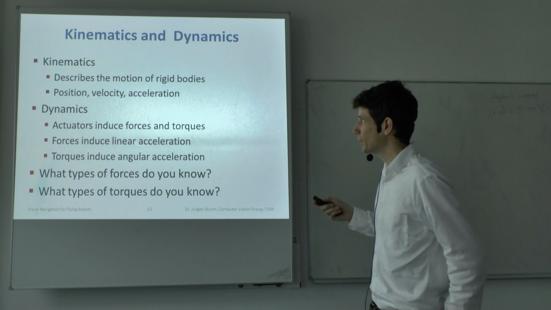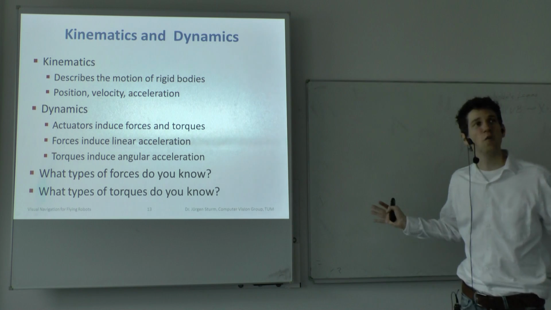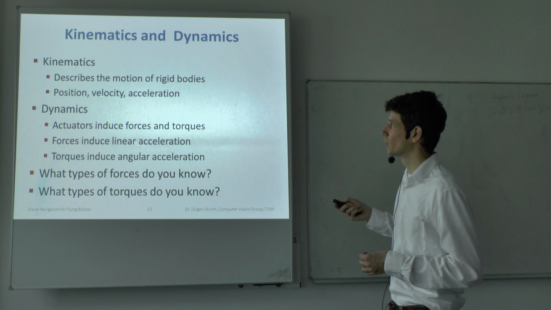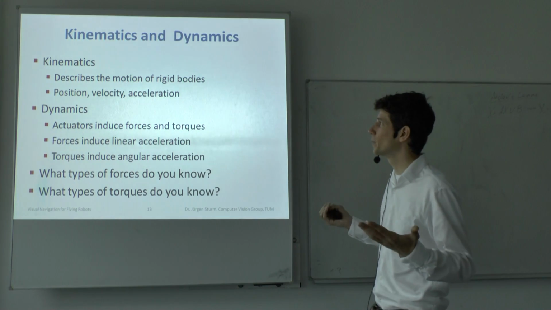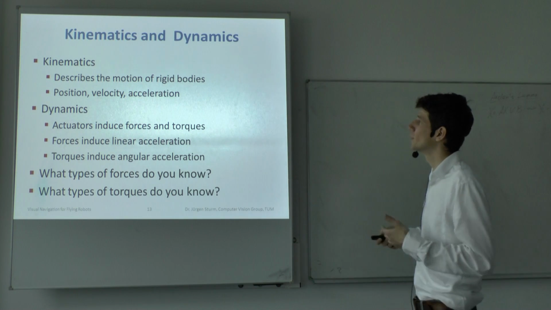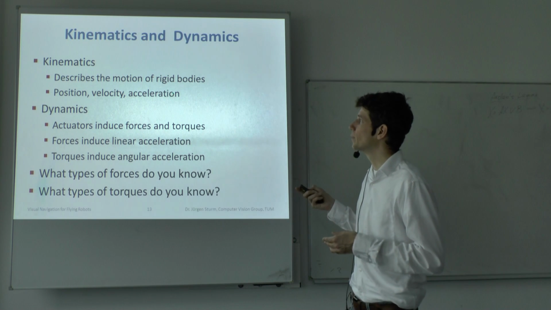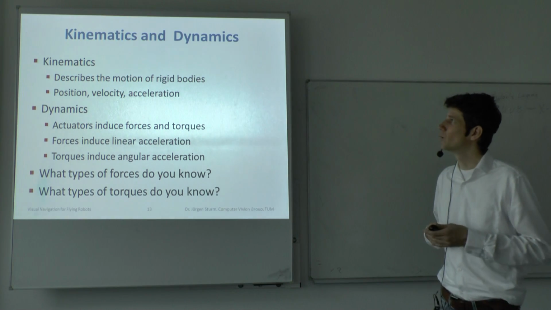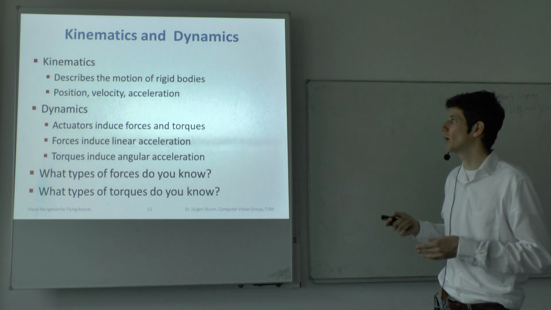So the kinematics by itself describes only the motion of rigid bodies without any forces. This means in particular that you have a rigid body, for example, that has a certain position in 3D space, potentially has a certain velocity, and maybe is accelerated in some direction.